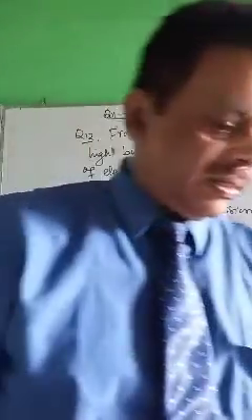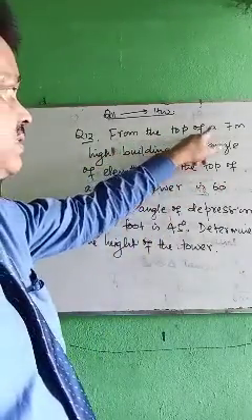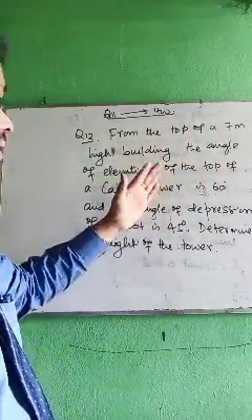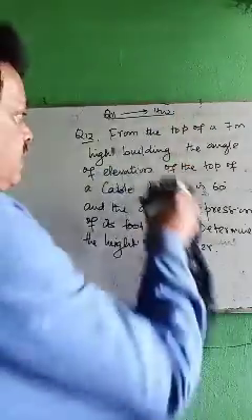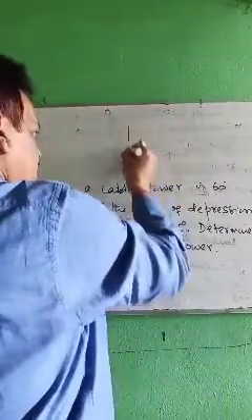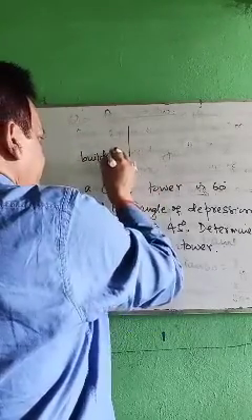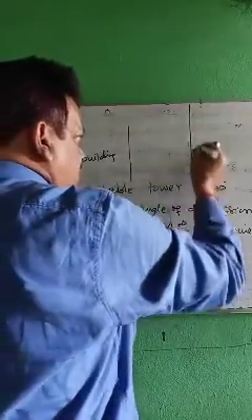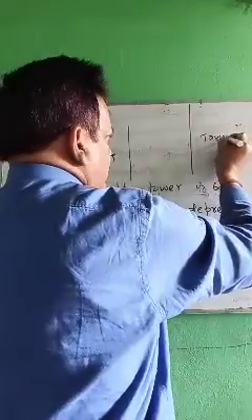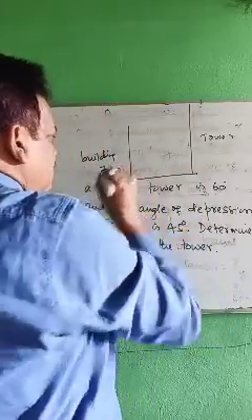Okay, how to say? Look at here, read it carefully. From the top of a 7-meter high building, the angle of elevation means it will go up. So there will be two parts you will find here. This is your building, this is your tower, this is your 7-meter.